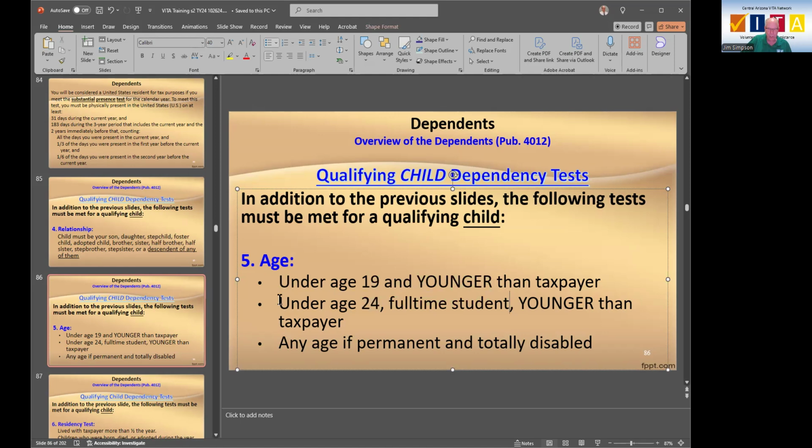But be careful here. And here I'm going to point you to what's really important about reading the 4012 and reading the footnotes in the 4012. For instance, go look at page C5, where it asks, was the person under age 19 or under age 24 or permanently disabled?